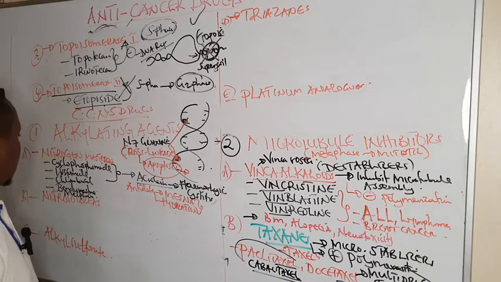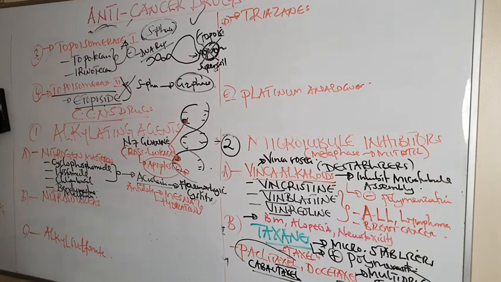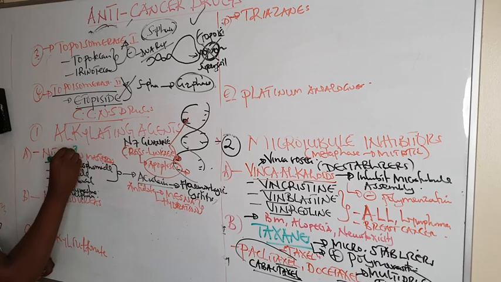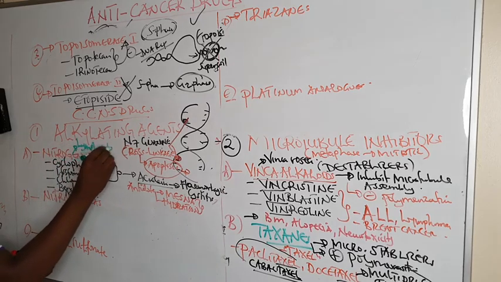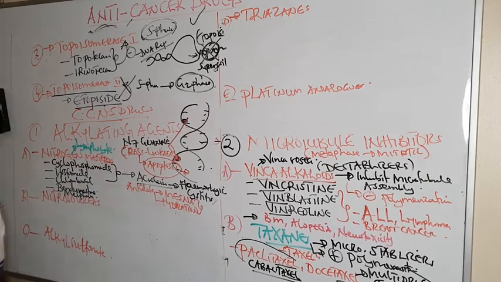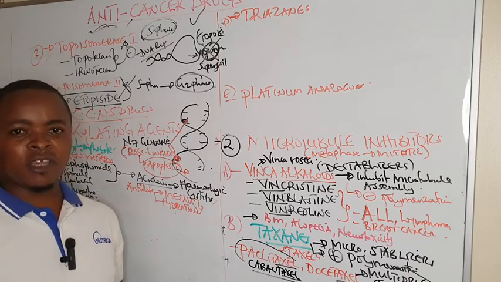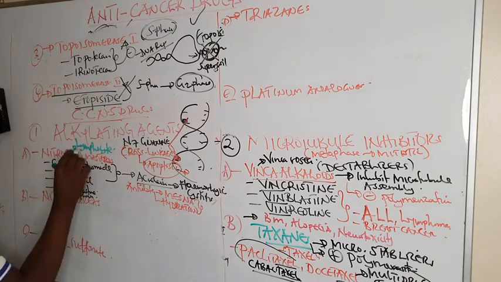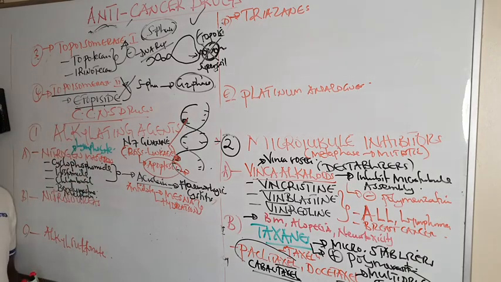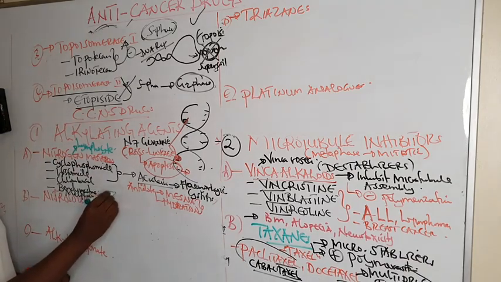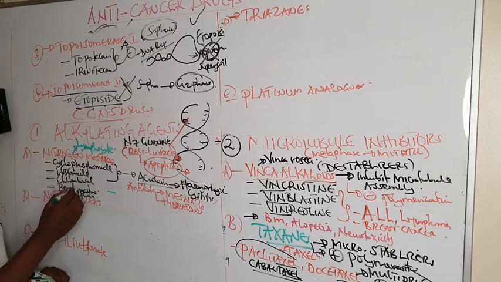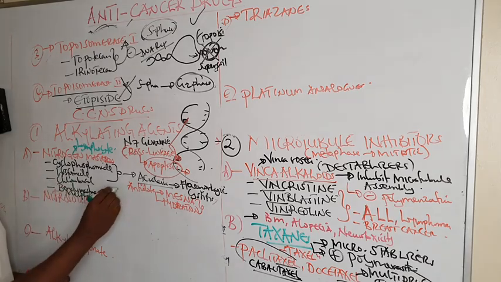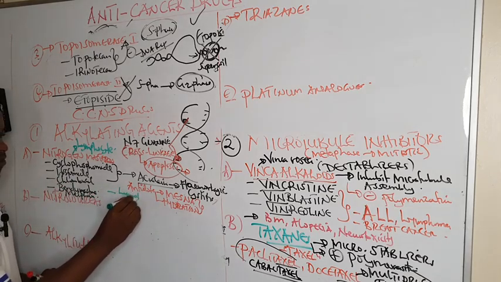cyclophosphamide and ifosfamide. And these nitrogen mustards majorly target cells dealing with lymphocytes. So any kind of lymphoma, any kind of lymphoblastic leukemia can be treated using nitrogen mustards. They are utilized in treatment of different types of lymphomas.